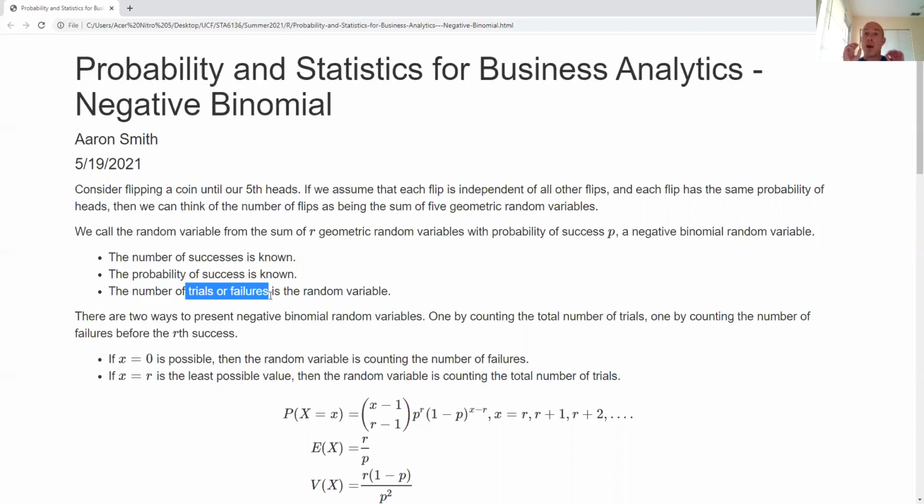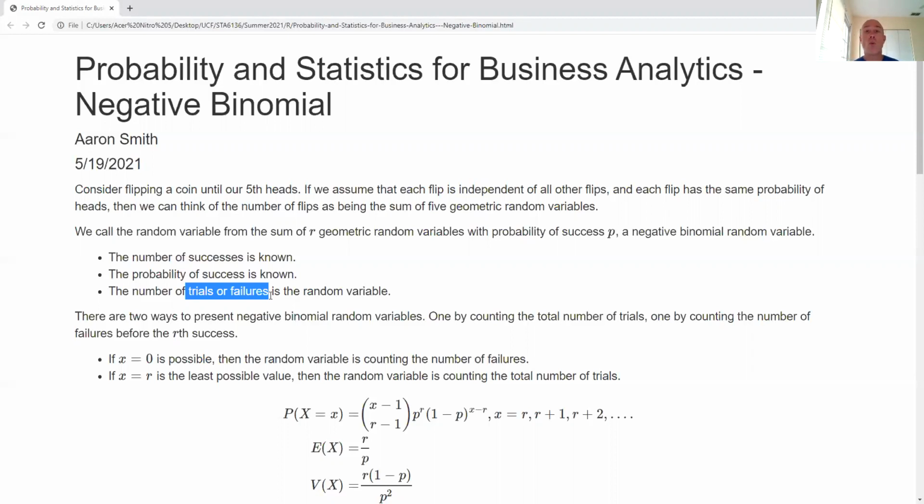Now, something I need to talk about: remember that when we talk about the geometric distribution, one way is to count the number of flips total, including the last one. One way is to count the number of failures until we get that success. Well, they're equivalent to each other. They're just different presentations of the same thing.